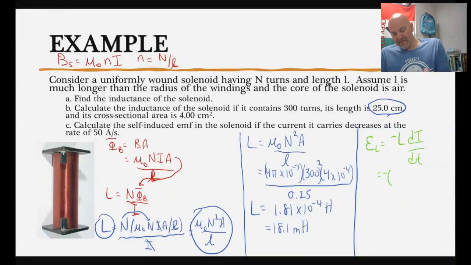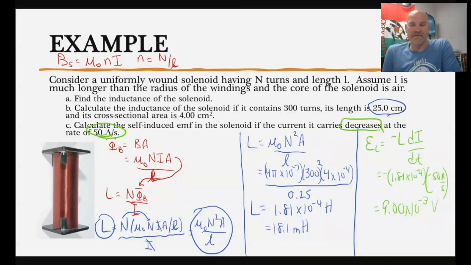So we're going to do negative L, 1.81 times 10 to the negative 4th. They actually give us the dI/dt, but you do have to be careful because it says it decreases, so that's going to be negative 50 amps per second. You just multiply those two, and you end up with 9.00 times 10 to the negative 3 volts.